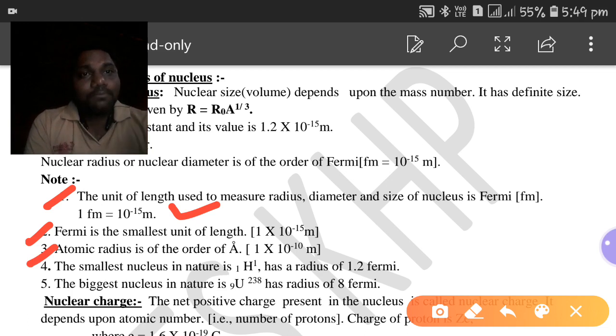So to measure the nuclear radius, we use the unit of length Fermi, and to measure the atomic radius, we use angstrom, because the nuclear radius is of the order of Fermi and atomic radius is of the order of angstrom.